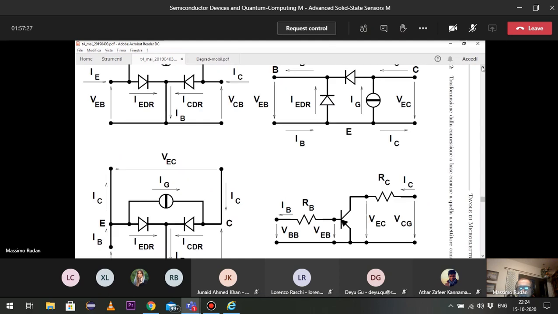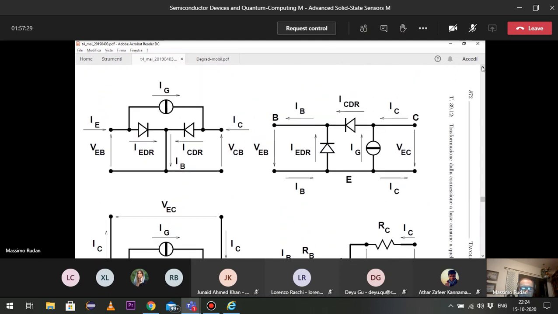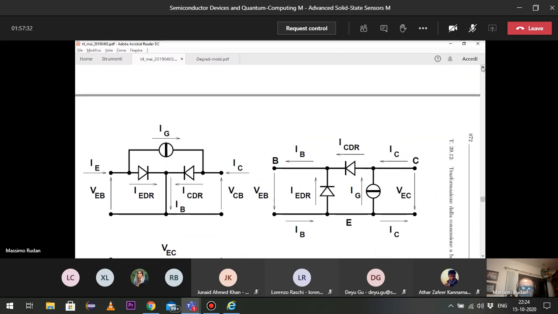If you look at the circuit on the upper left, you see that this circuit exactly reproduces the new equations because IE is the sum of a current IEDR of a diode plus a current of a generator. And this current goes from left to right, so IE is the sum of the two.